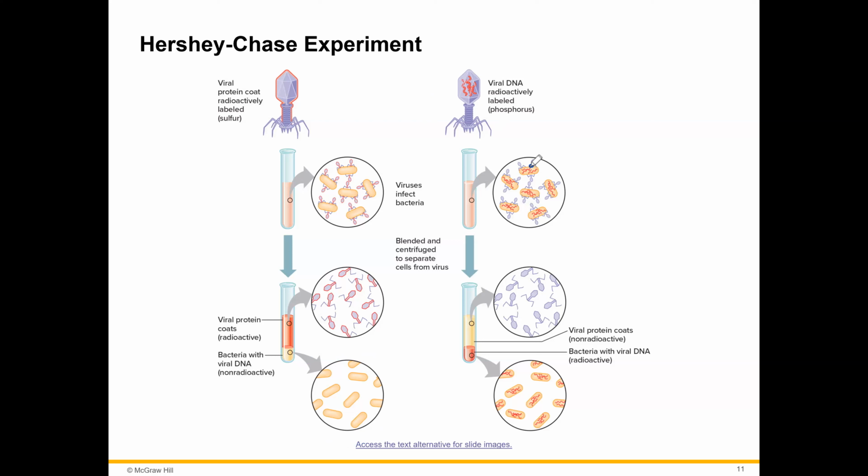And here little viruses attach to the bacteria. And then what they do, they actually injected their DNA inside the bacteria, and bacteria is radioactive. So they know virus injected its DNA inside the bacteria. And that DNA, viral DNA, has the information that tells bacteria to start making more viruses, right?